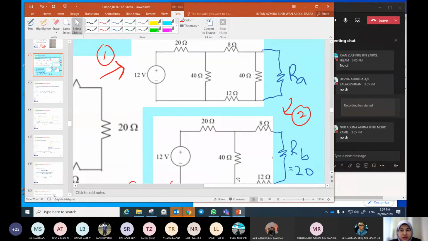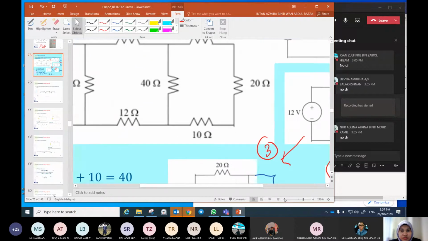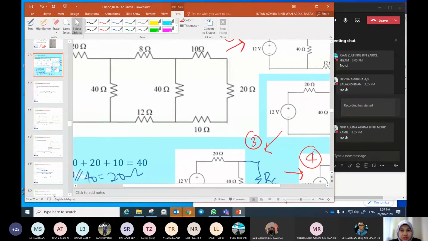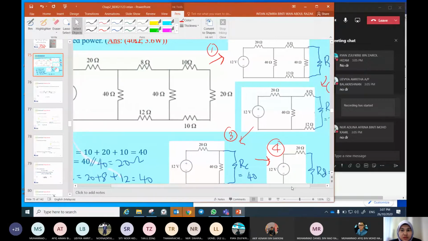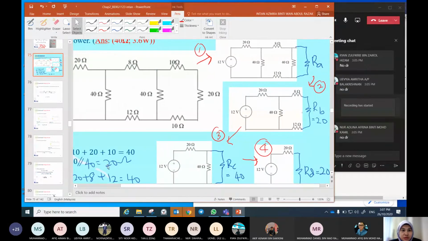Okay, so RA is 40 and this is 40. The same value of parallel connection, we can just divide by 2, meaning that half of the value. 40 parallel with 40, we will get 20, okay? 40 parallel 40, we get 20.